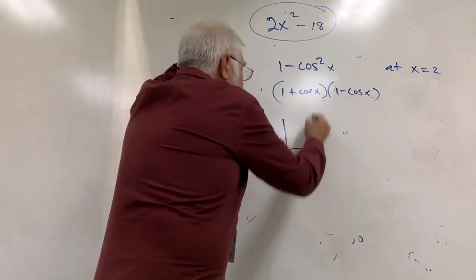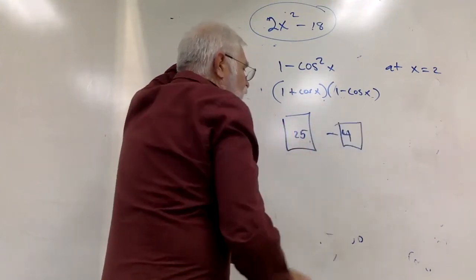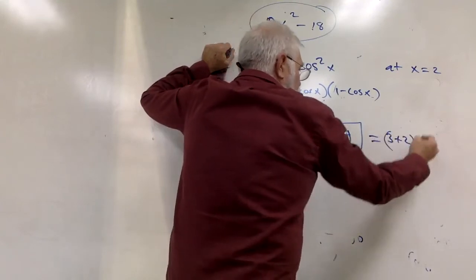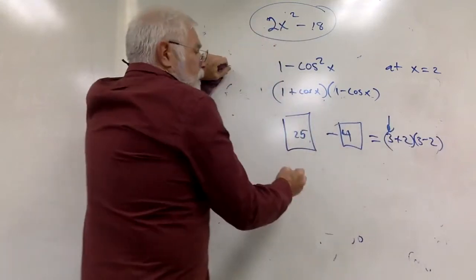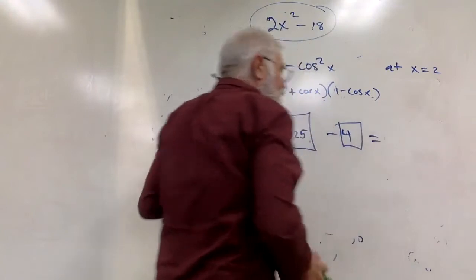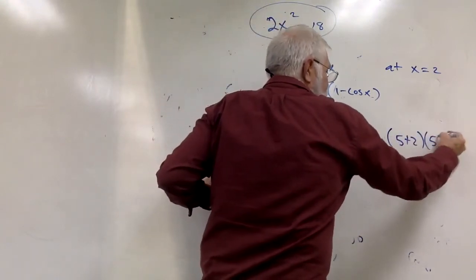All right, so this is what's going on. 25 minus 4. The Greeks figured out that that difference could have been written as 3 plus 2 times 3 minus 2. Now, what is the number 3? Oh, I usually do 9 minus 4. That was memorization. 5 plus 2, 5 minus 2.